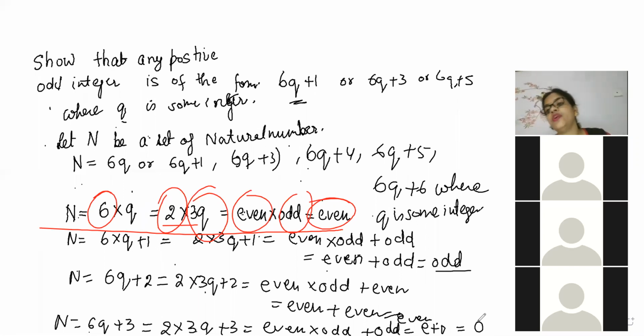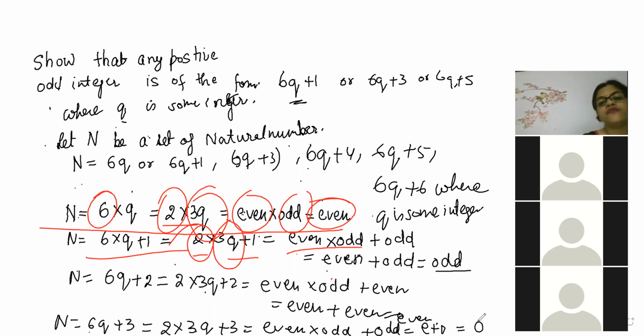Remember, odd into even is even, beta. So here 6 into q plus 1 will again be written as 2 into 3q, 2 is even, 3q is odd, plus 1. So even into odd plus odd. Even into odd is always even, and even plus odd is odd.